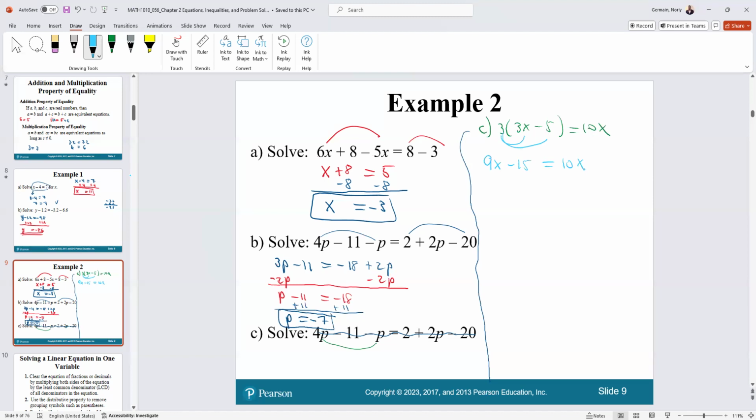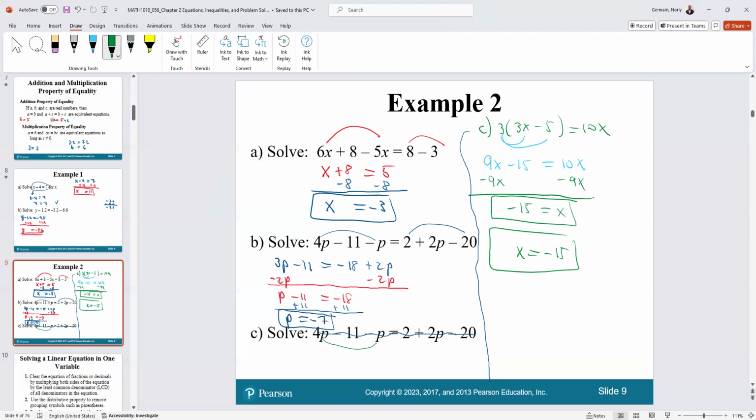If it's working for us, we can isolate x on the left. So what we can do here is subtracting 9x from both sides. So we have negative 15 equal x. You can either write it like this or you can change the equal to make it negative 15 like this. Either way, answer would be correct.